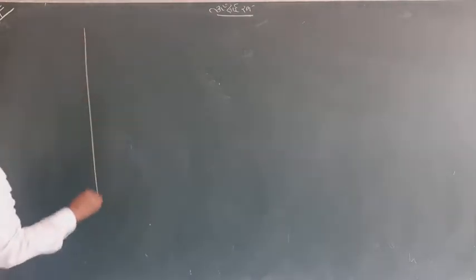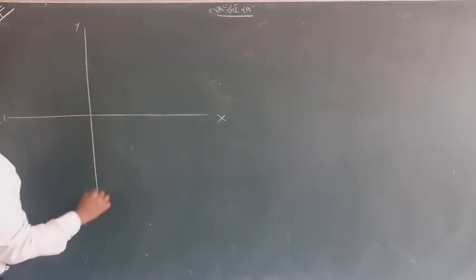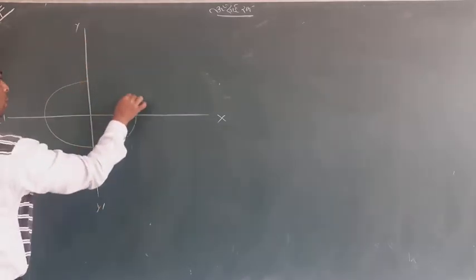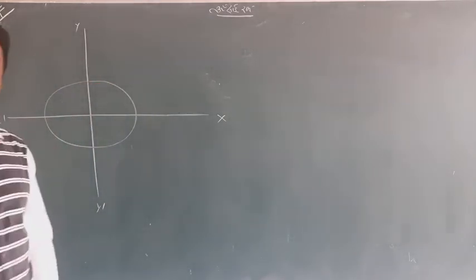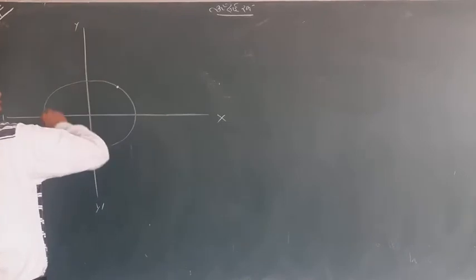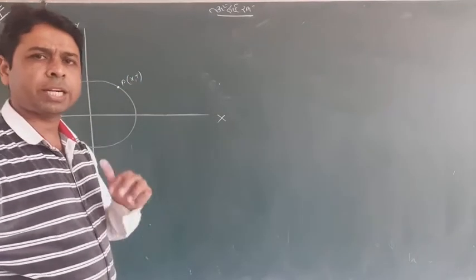We have x dash, y and y dash, and we will get this kind of figure, where P is a moving point. After tracing the point, we will have this figure.